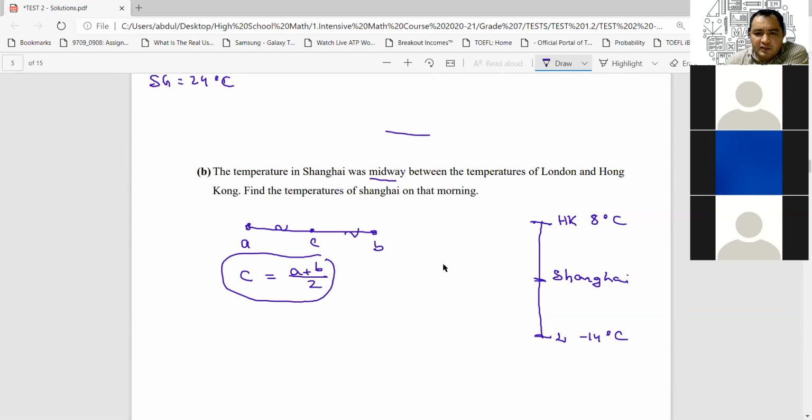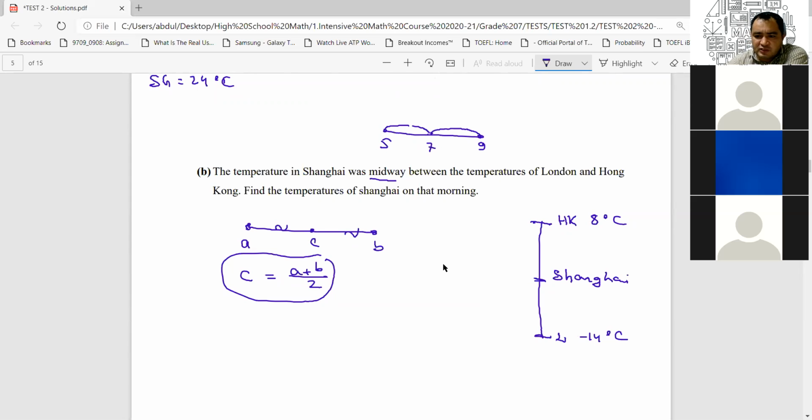For example, here we have 5, and here we have, let's say, 9. What number do we have right in the middle of these two numbers? 5 plus 9 is 14, divided by 2. So here we have 7. That means the 7 is 2 units away from 5, and at the same time it is 2 units away from 9. That's how we find this.